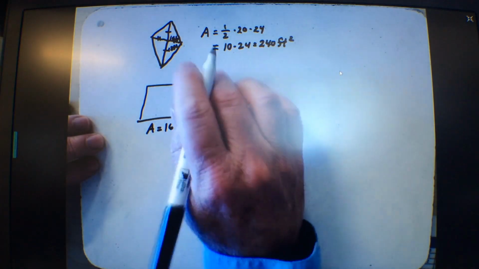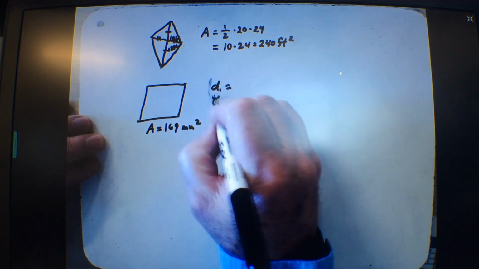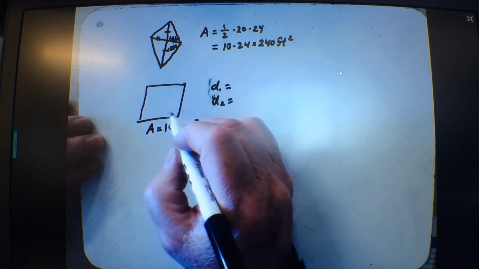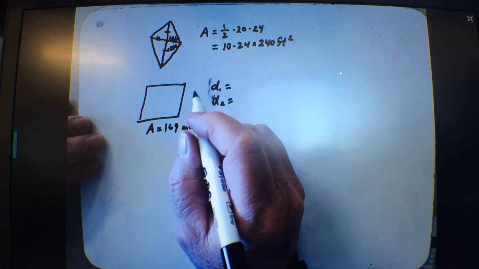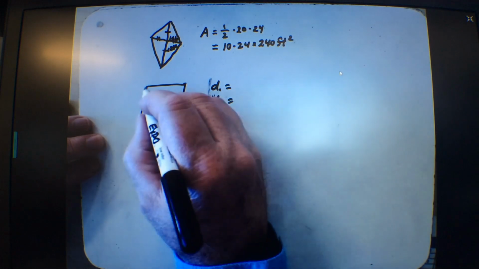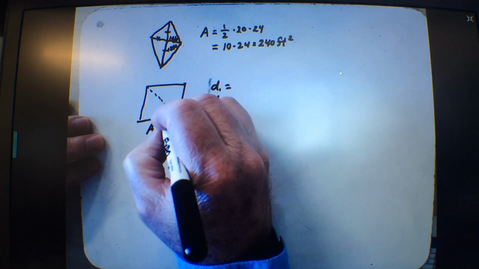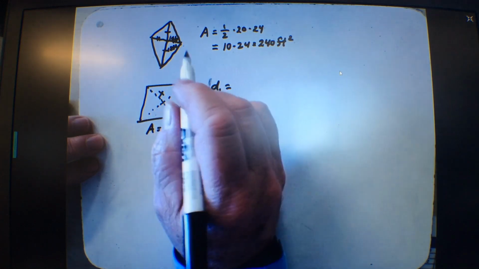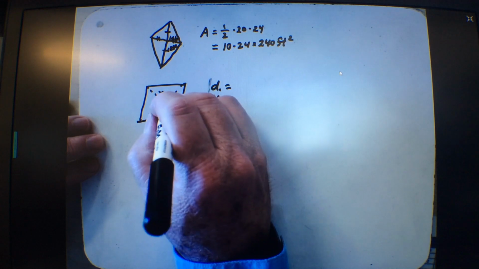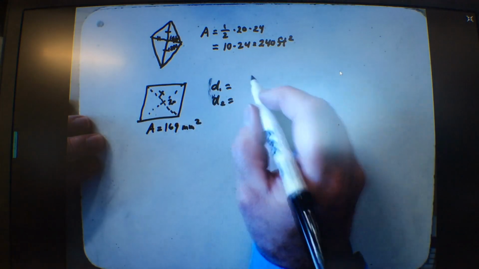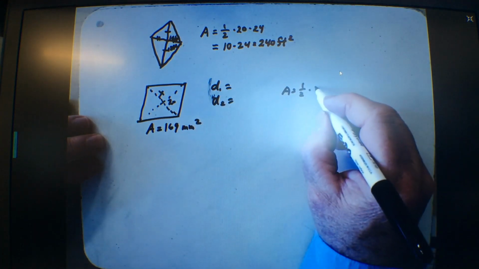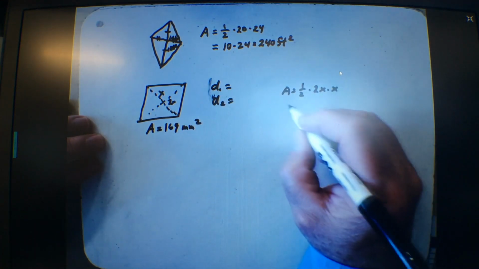So diagonal 1 would equal what, and diagonal 2 would equal what? How would I do that if one diagonal was twice as big as the other? This diagonal would be x. What would this one be? Twice as big, 2x. So the area would equal 1/2 times 2x times x, correct?